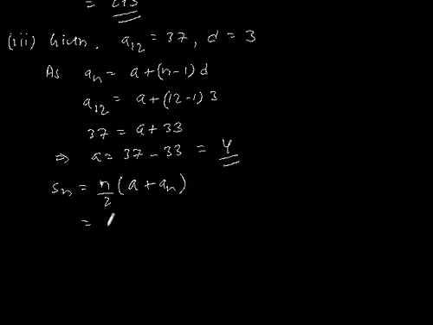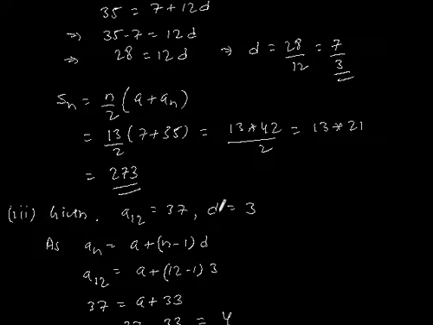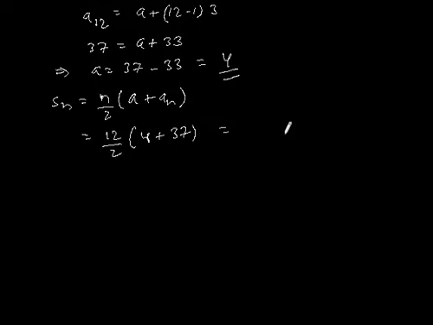Putting the value, n is 12, so 12 by 2, a is 4 plus an is 37, which is equal to 12 by 2 into 41, or 6 into 41, which gives Sn is equal to 246, which is our answer.